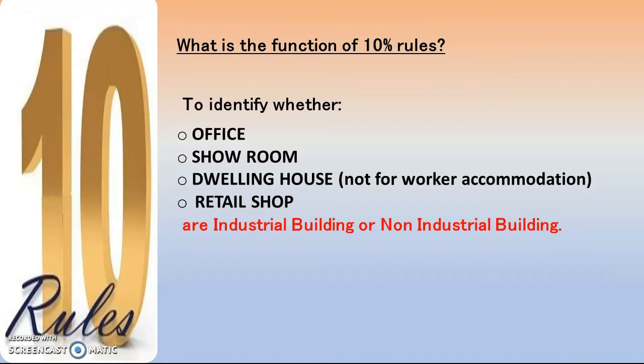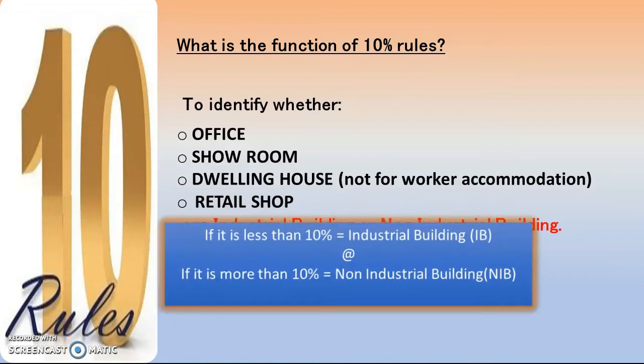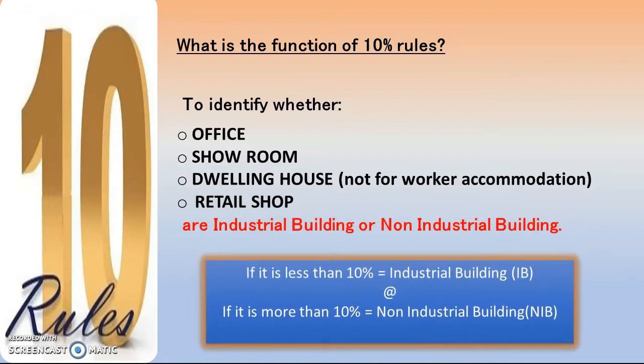So you have to calculate the 10% rule first. If it is less than 10%, that building is determined as industrial building IB, or if it is more than 10%, that building is determined as non-industrial building NIB.